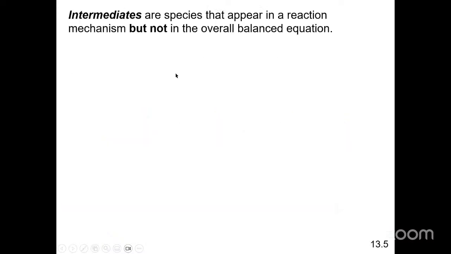Now a couple of things that you need to learn, especially in terms of certain terms with respect to mechanisms. There are certain species that are called intermediates, and these are substances that appear in the mechanism, but they do not appear in the overall balanced equation.